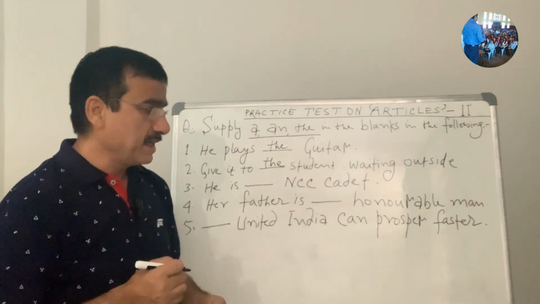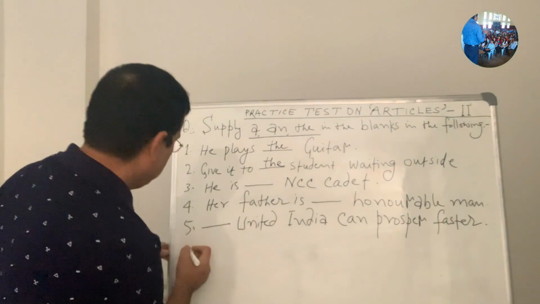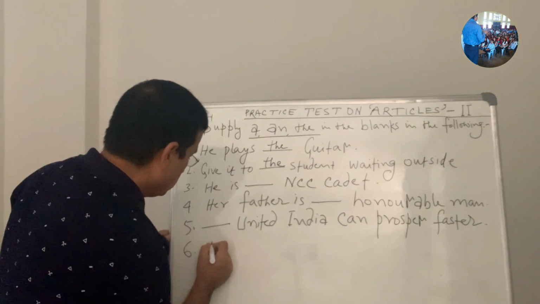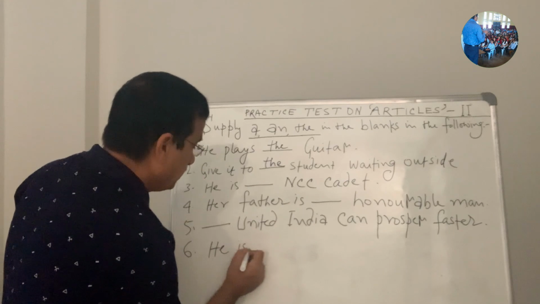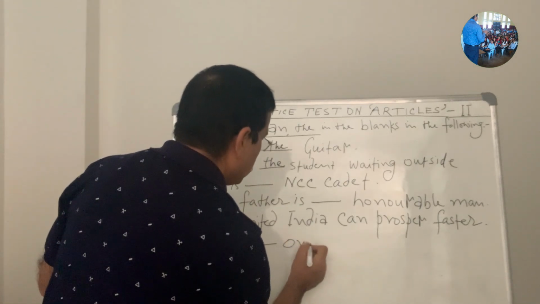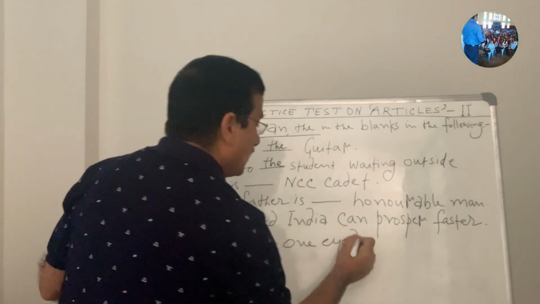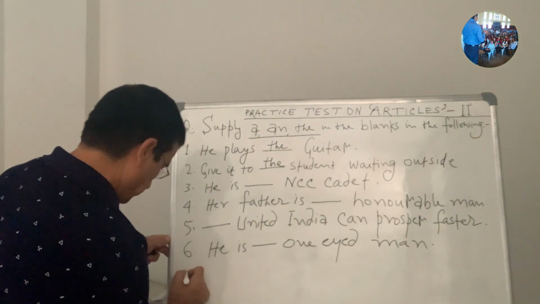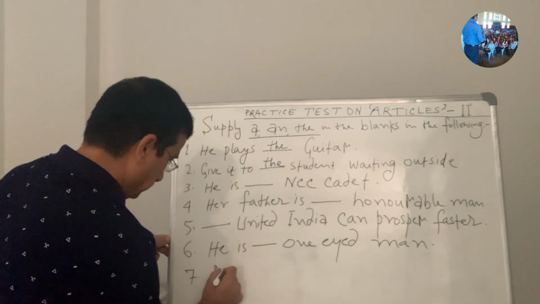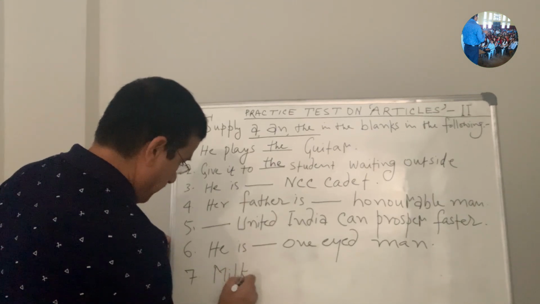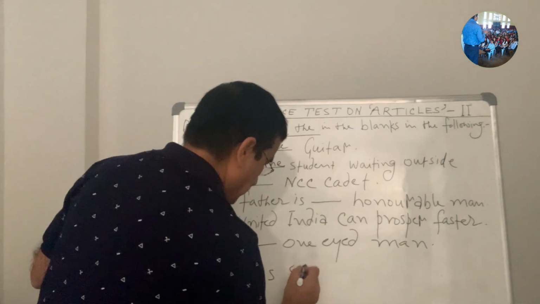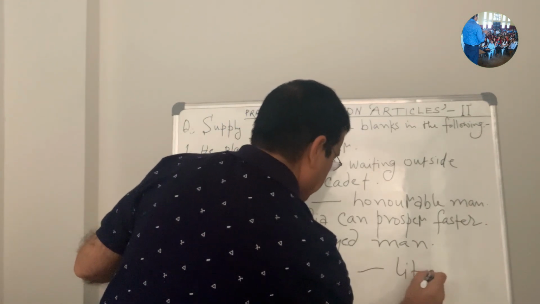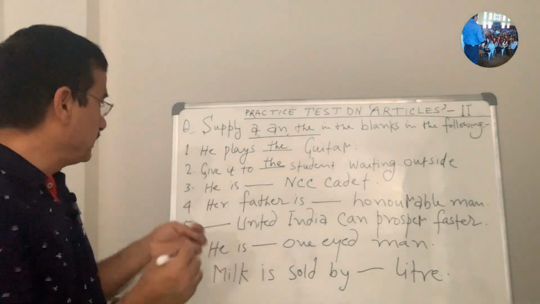Blank United India can prosper faster. He is blank one-eyed man. Milk is sold by blank. So let's do these sentences.